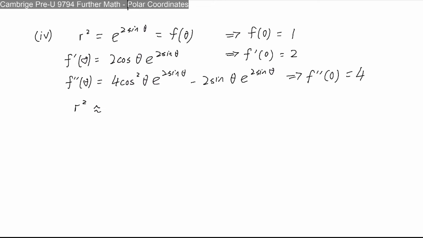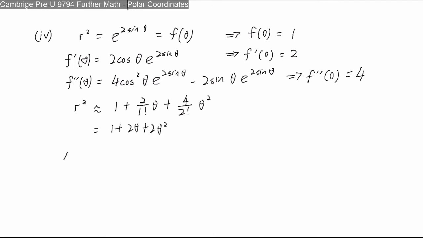The first term is f(0), plus f prime(0) divided by 1 factorial times x, where the x here is not x, it's theta, plus f double prime(0) divided by 2 factorial, and then we have x squared. So in this case, it's theta squared. So in this case, the r squared would be 1 plus 2 theta, and we have 2 theta squared.